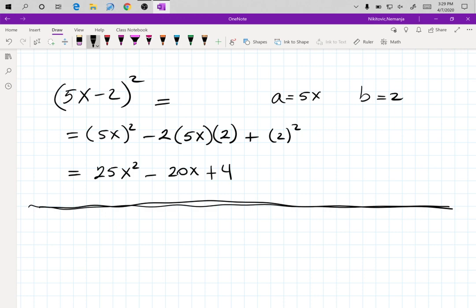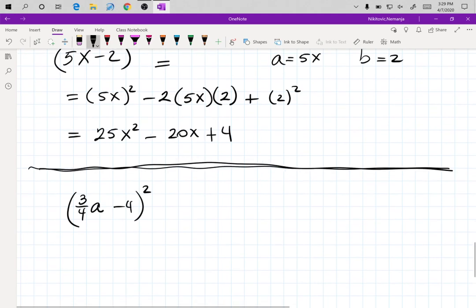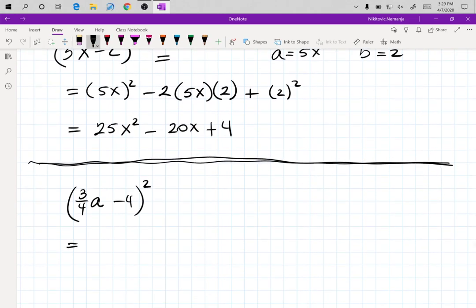Three-quarters a minus 4. They toss in fractions to scare you. 3/4 a minus 4 squared. Well, now the problem is that they have a over here, but still, we have the same thing. The formula is a squared minus 2ab plus b squared.